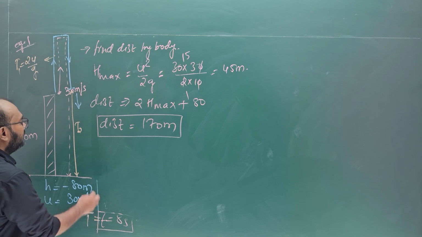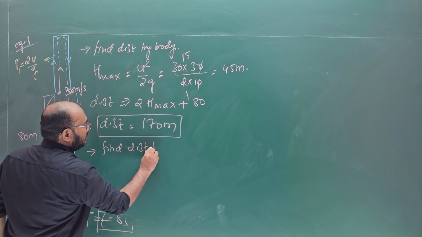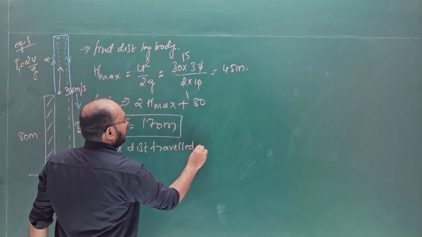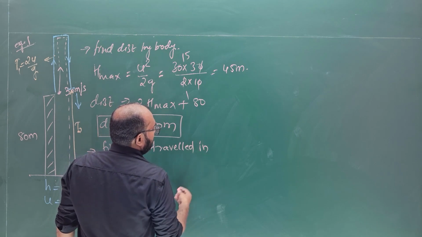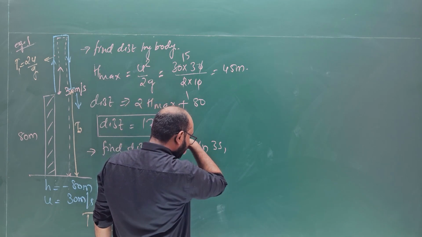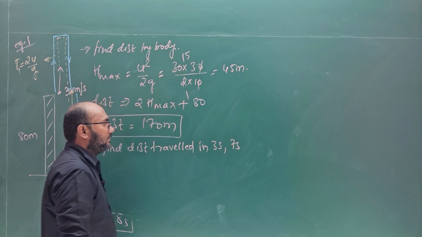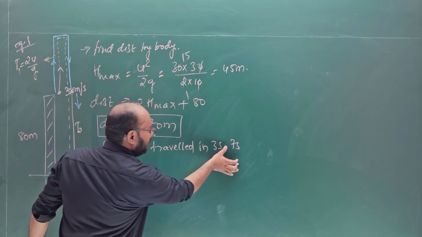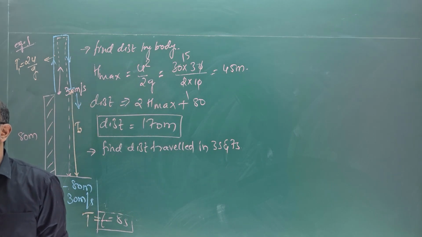So let us find the next thing: find the distance traveled in 3 seconds and 7 seconds. Try this and write it down. Distance traveled in 3 seconds and 7 seconds.